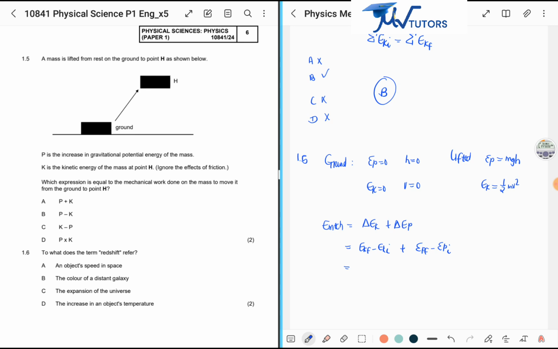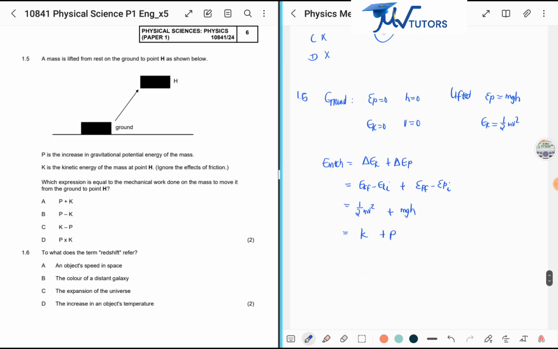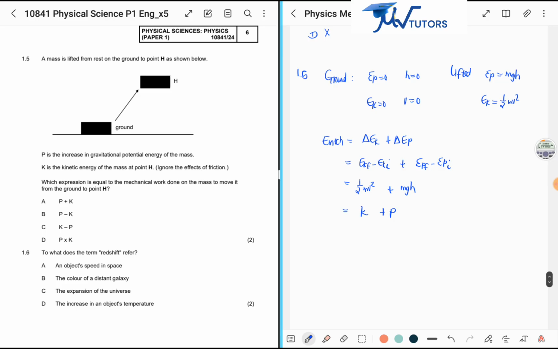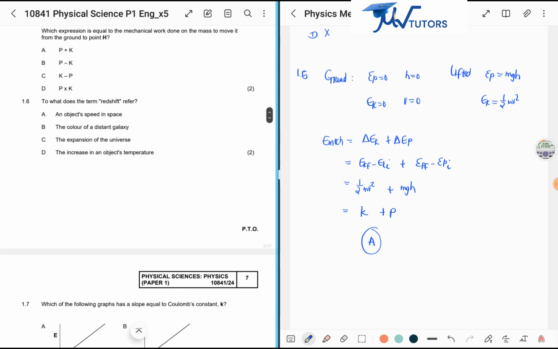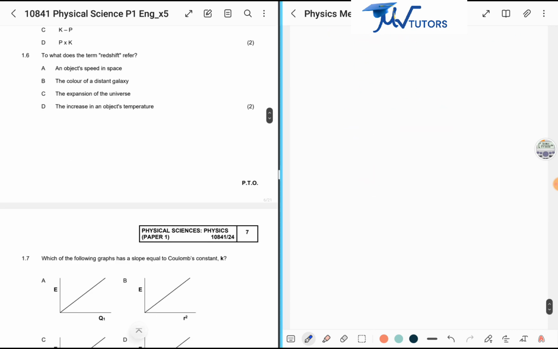So what we have then is your kinetic energy final, which is half mv squared, and the potential energy final, which is mgh. So it's K plus P. So yes, we have option A over there, which is P plus K. Yes. B, no. C, no. Definitely not D. So we're going to go with option A for 1.5. Now 1.6.